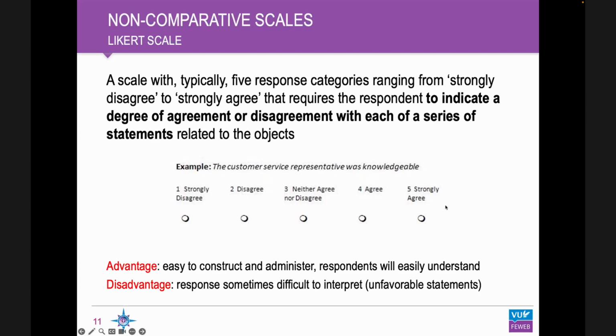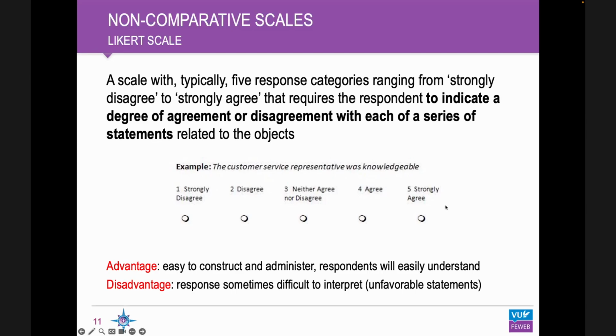You will understand this in the next scale. What could be the difference between, for instance, the semantic differential scale? The advantage with this is that it is easy to construct and administer because the respondents will easily understand this, right? There's a statement and you just say you agree or disagree.